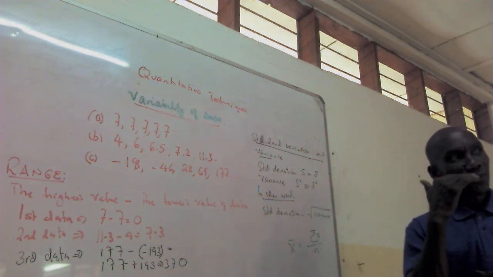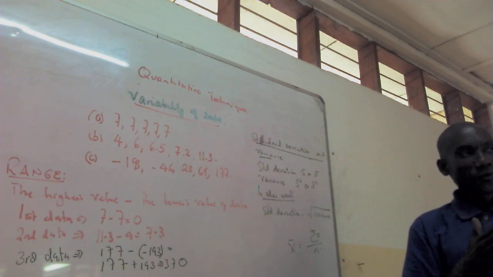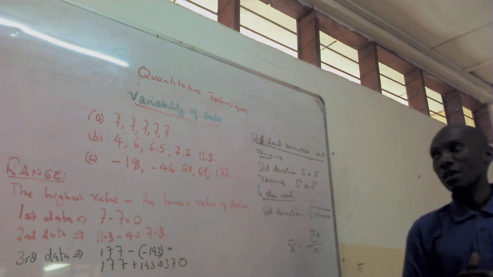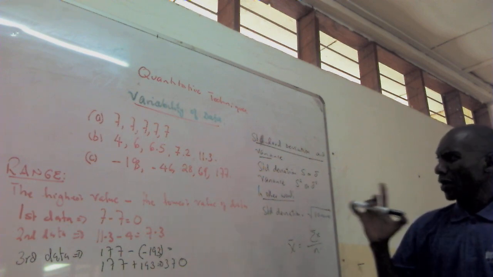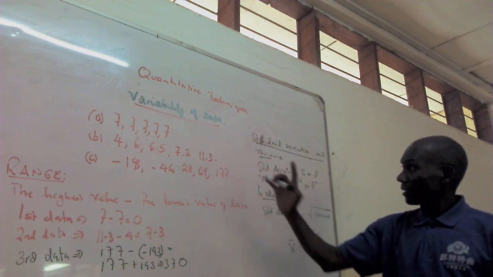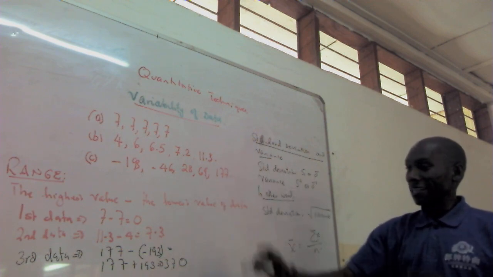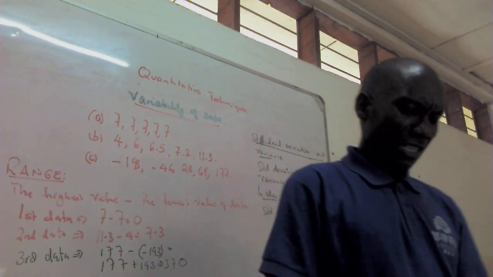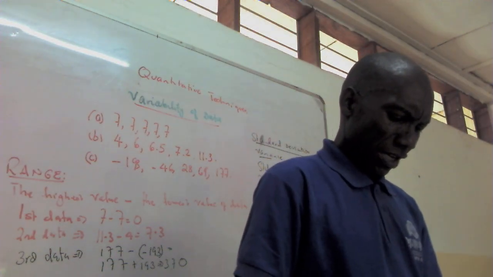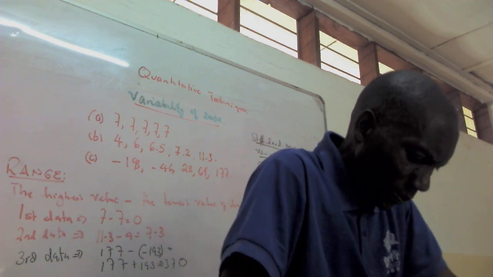You can have a set of data, but how far are you from that mean? In other words, you subtract each and every element from the mean, and you get the standard deviation. Let's look at data 1, data 2, and data 3, and then we come up with the standard deviation.